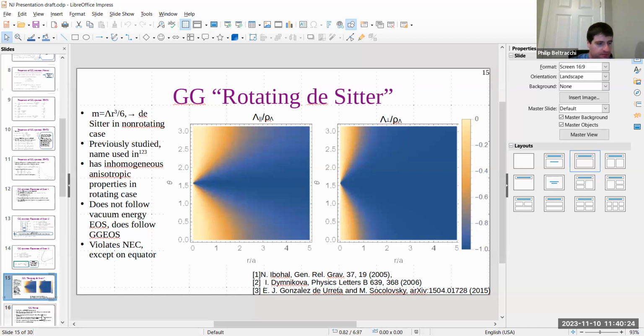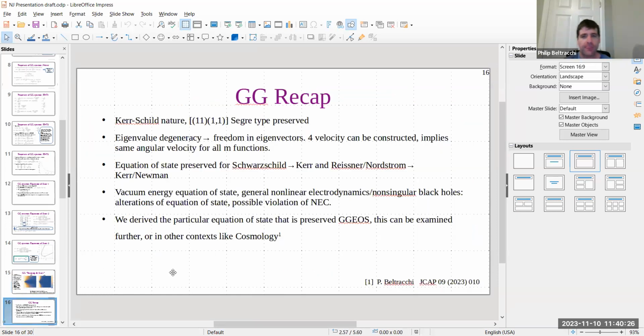Okay, so as a recap of the Gürses-Gürsey method of the algorithm, we preserve the Kerr-Schild nature of the metric when we pass into the rotating case.